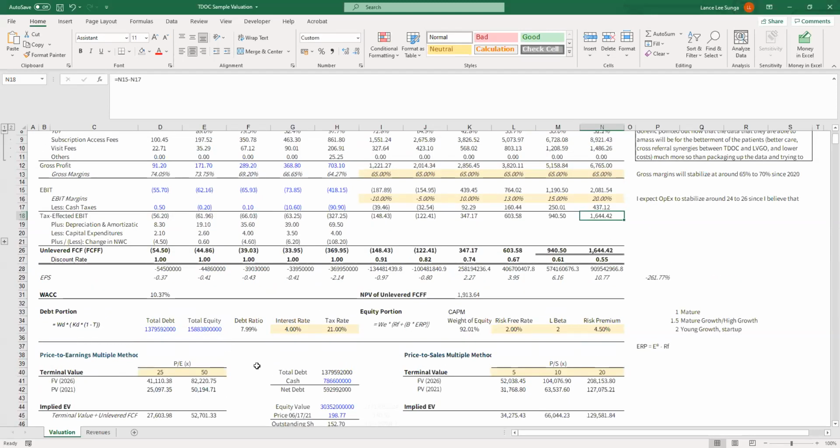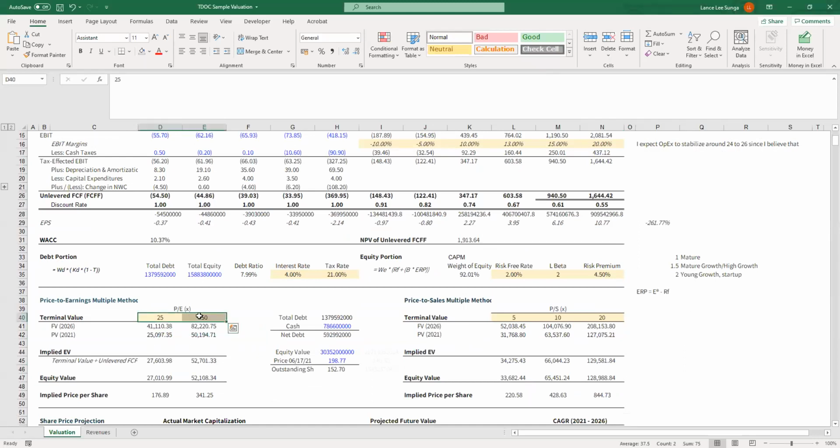How about the 25 and 50? I understand we're forecasting they're going to be a good company, but is there some basis to 25 and 50, or is that standard for good companies? That's a good question. Usually for good companies, this would range a bit lower, around 10 or 15 to 25.